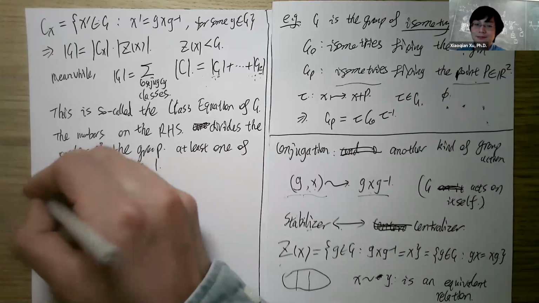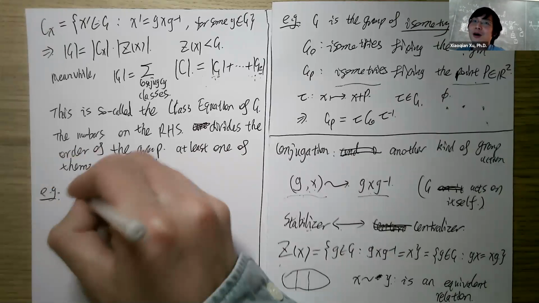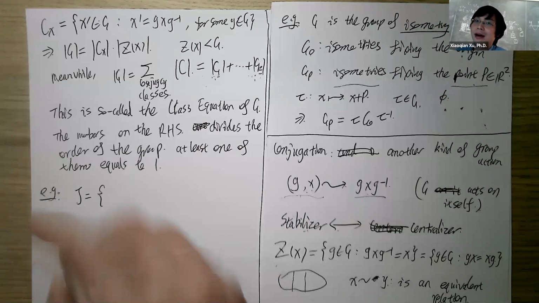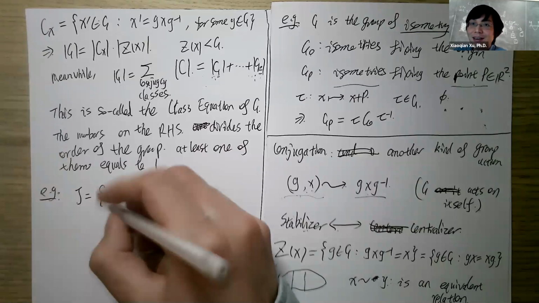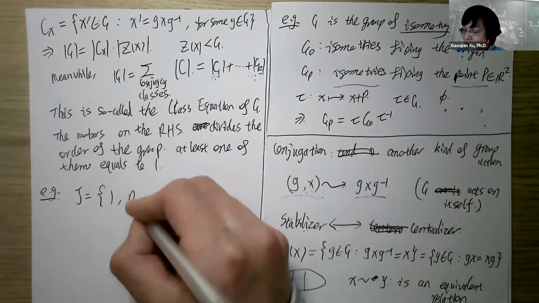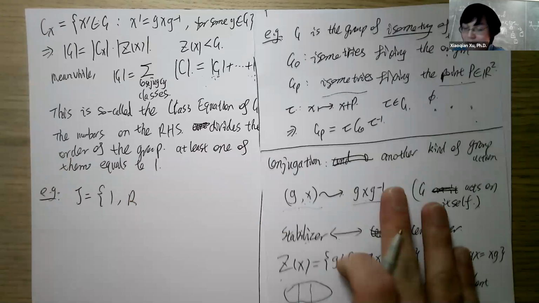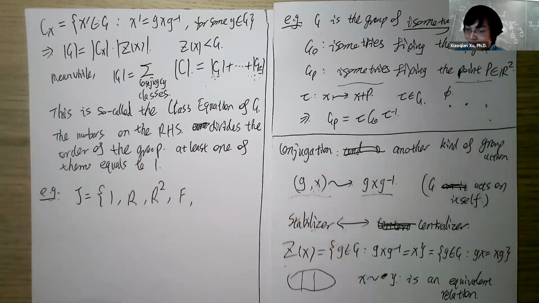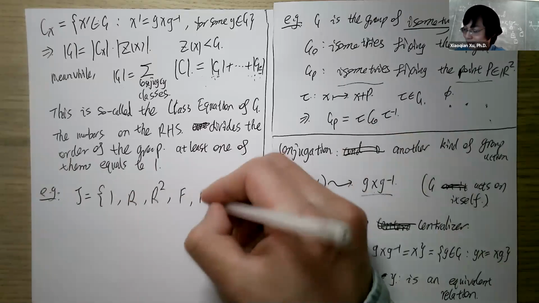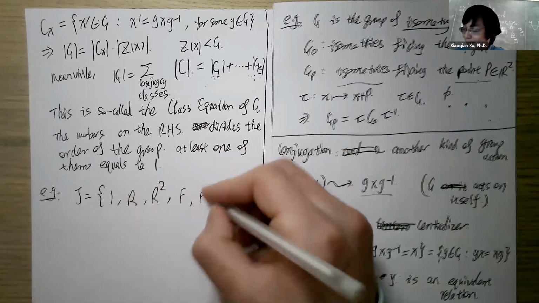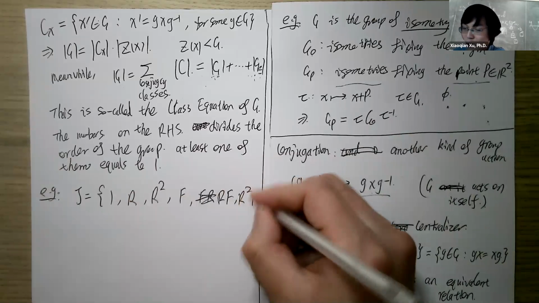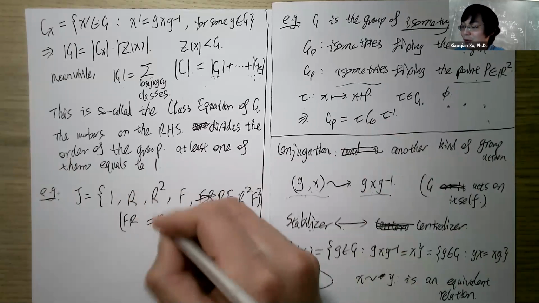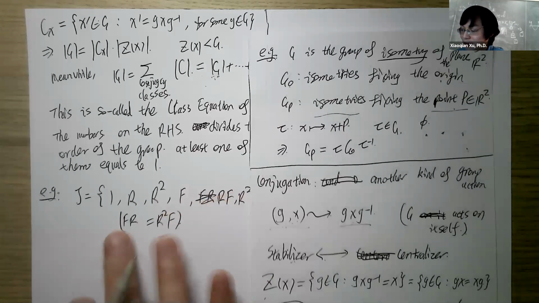Let's see an example. Again, our favorite group, which is not so hard, not so easy, this T or S3: the identity, the counterclockwise rotation R, rotated twice, R squared, and it has reflections F, RF and R squared F, with FR equals R squared F. It is generated by these two elements, and this is a relation.